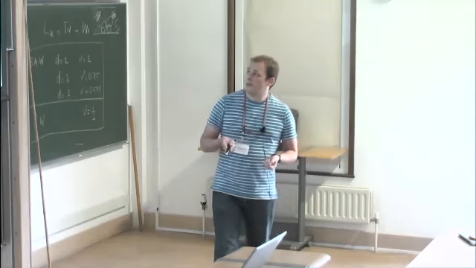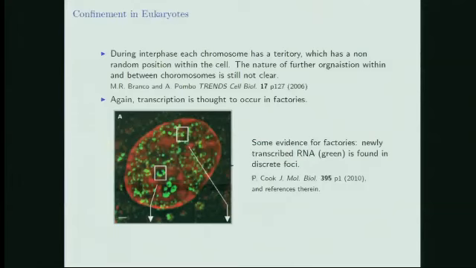For example, in this picture, the green is newly transcribed RNA. The fact that these RNAs are found in foci suggests that they were produced in concentrated regions or factories. So these are just some examples of where proteins are found to cluster.